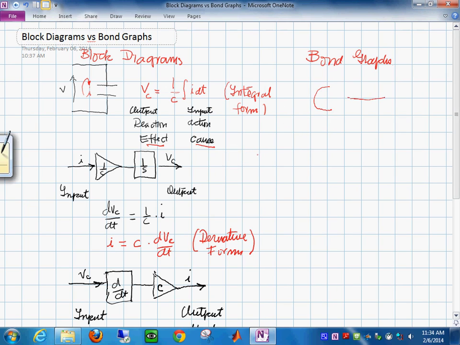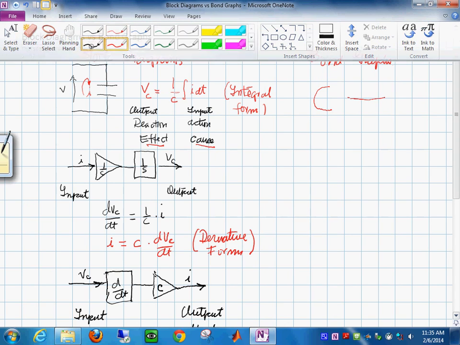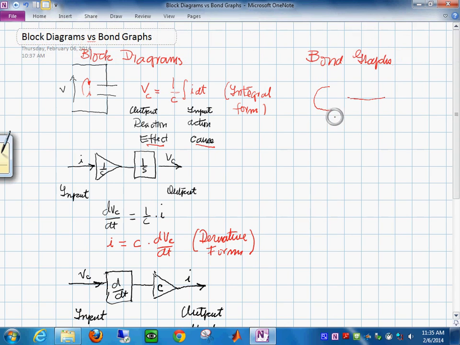Depending on which variable is the output, we will have the output in this particular case.